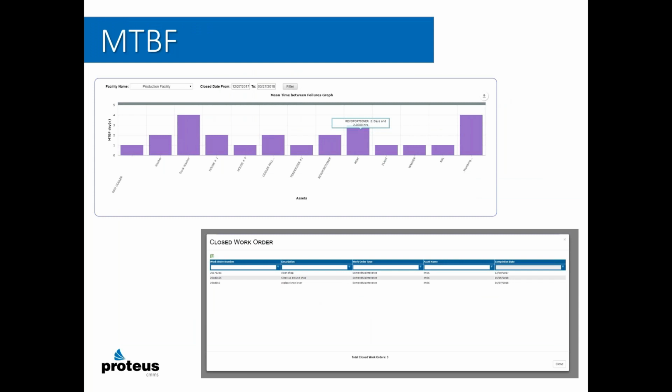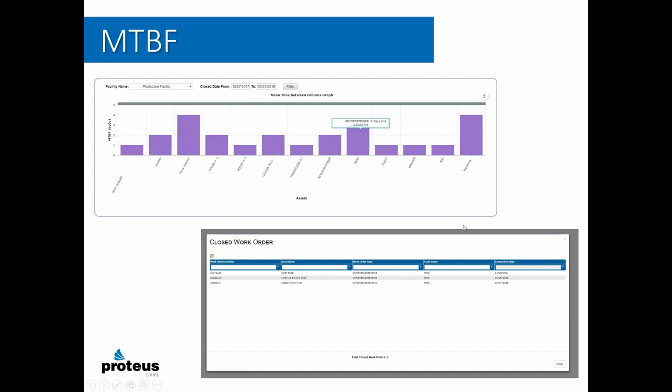Another one in the manufacturing sector is mean time between failure, and I can measure that by machine and see specific work orders associated with that particular piece of equipment. And again, different clients measure mean time between failure differently.